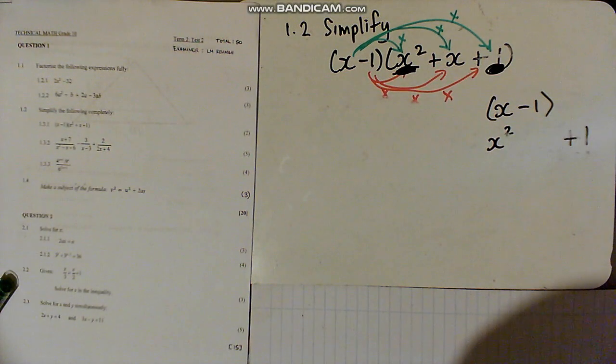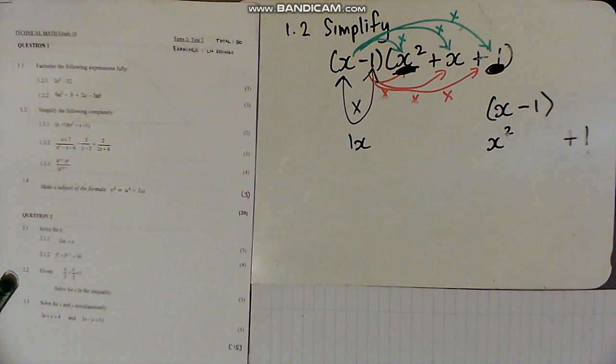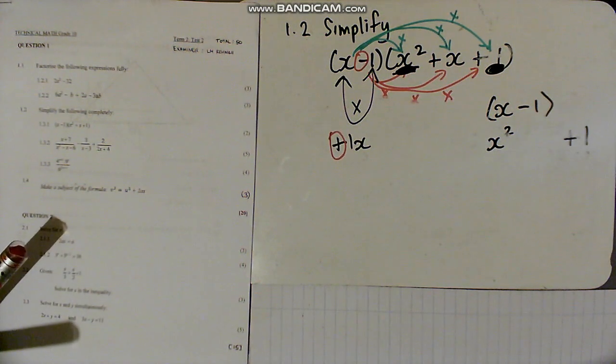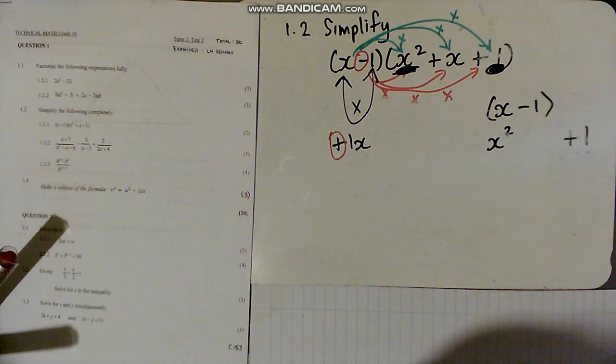Then we multiply the first term and the second term with the different sign in between. So x times 1 will give me 1x, and then with the different sign in between will be plus. Notice it was a negative, it now becomes plus, and so that will give us plus x in the center.